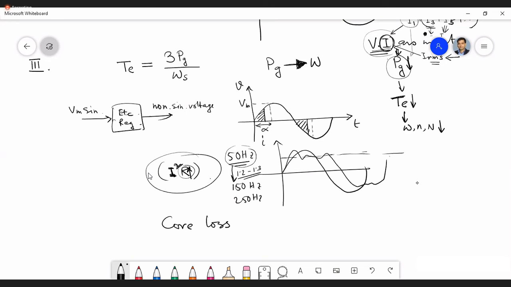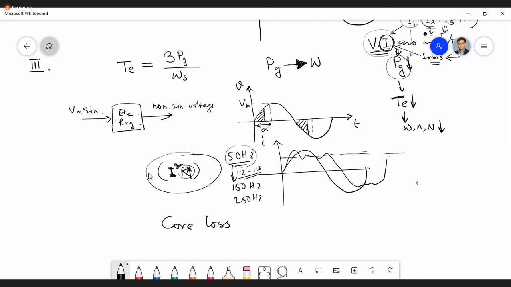Now consider the case of a transformer, because transformers are very important line equipment. Okay, now in the transformer you have different types of losses. So I square R loss, core loss, this will have the same effect as you have in case of induction machines.